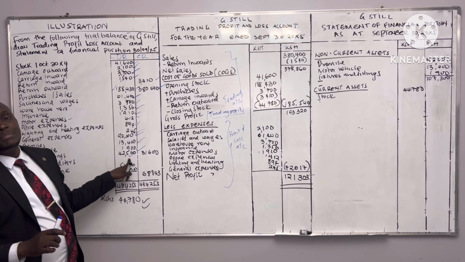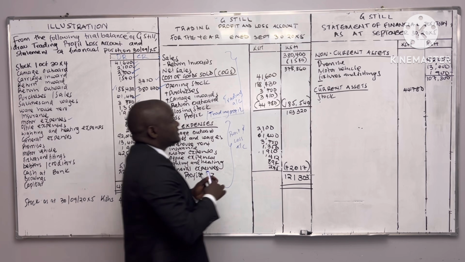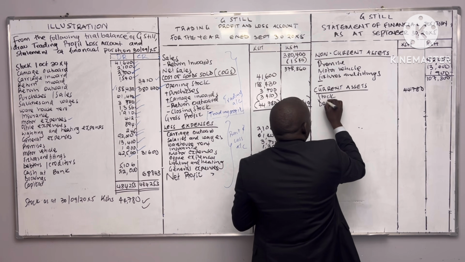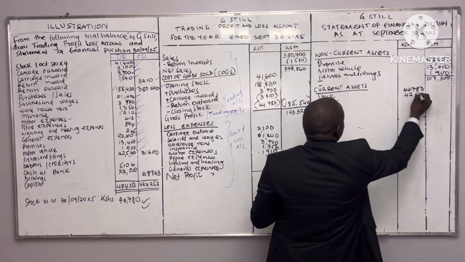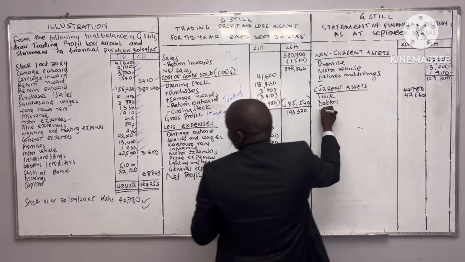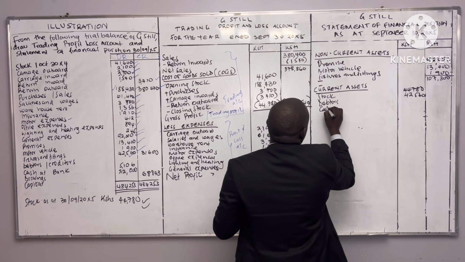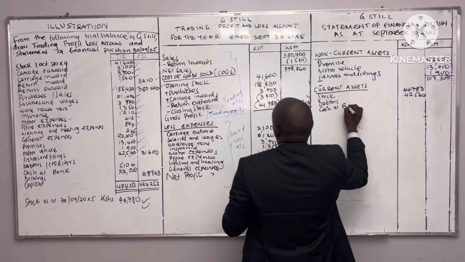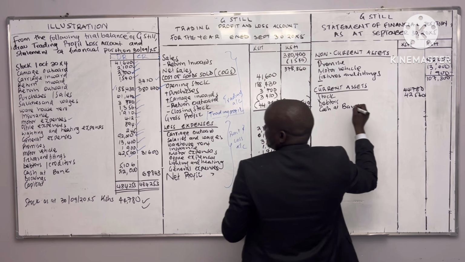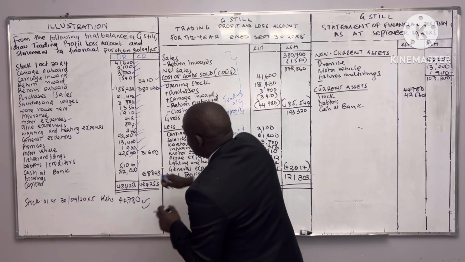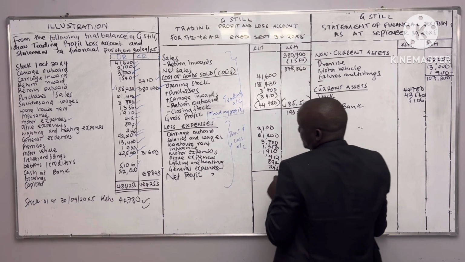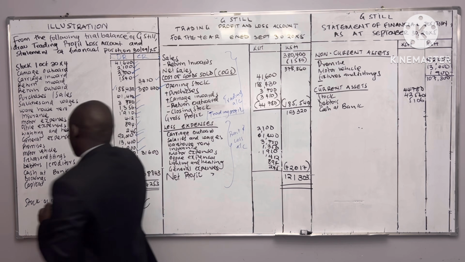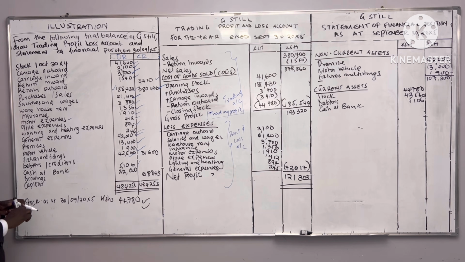Debtors are on the debit side of the trial balance, 42,560. Then we have cash at bank, also the debit side, 5,106. We check whether we have any current assets. I think we are okay.